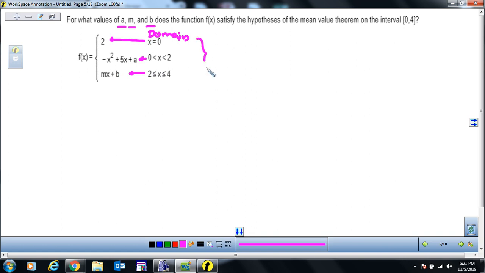But overall, for this piecewise function, what would be the overall domain for the whole thing? Well, the least number that I see for the x here is 0. The greatest value that I see for x here is 4.